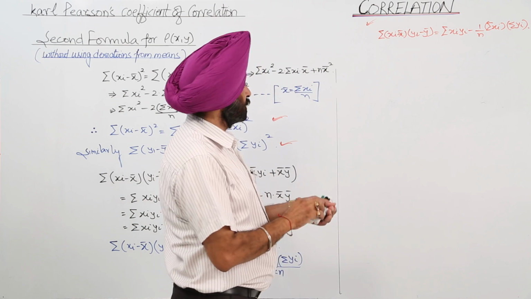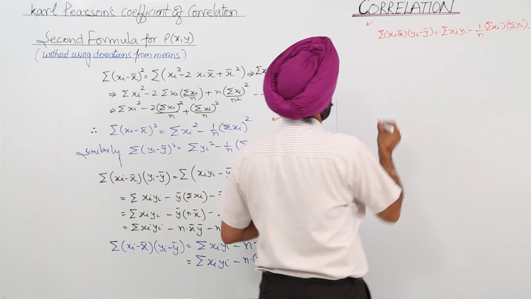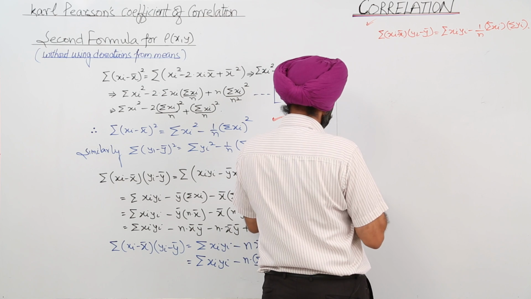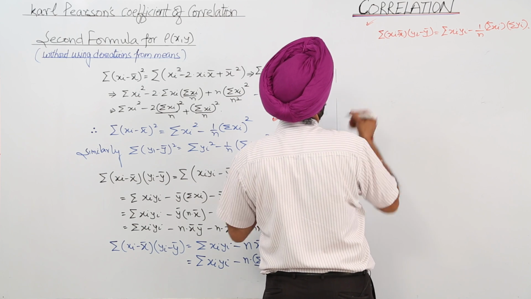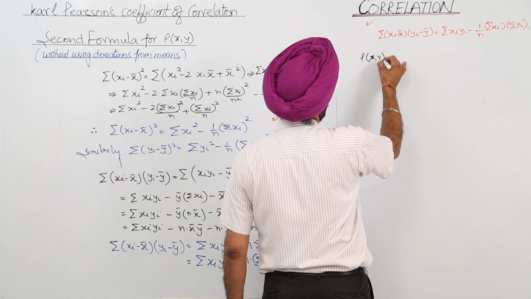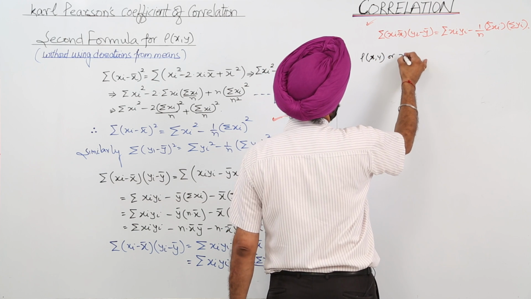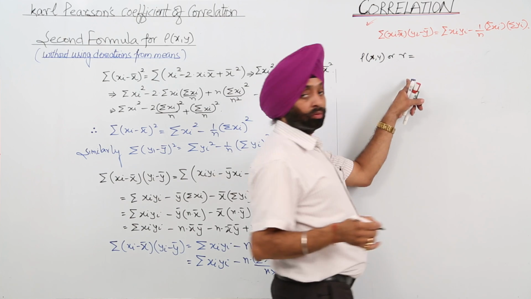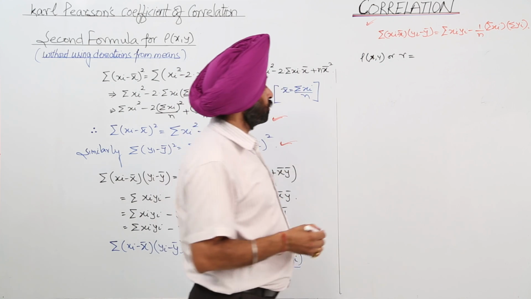Now substituting these in the formula. What we were having is the correlation of x comma y, or r, simply rho or r, one and the same thing, the coefficient of correlation.